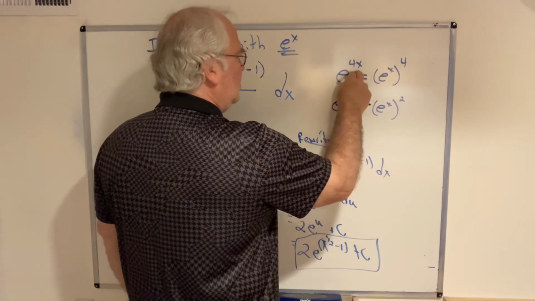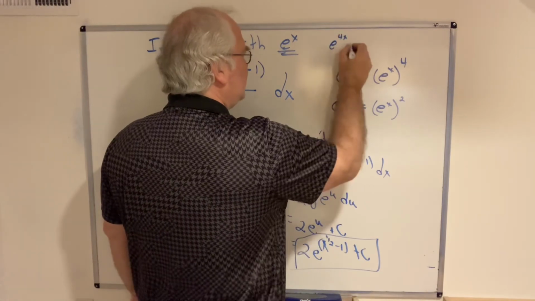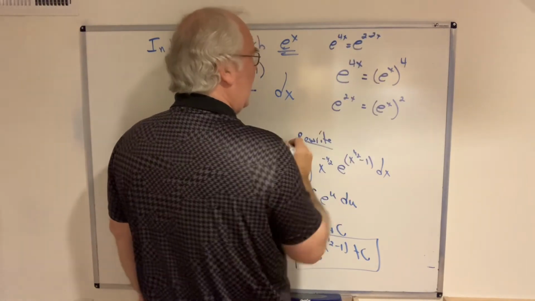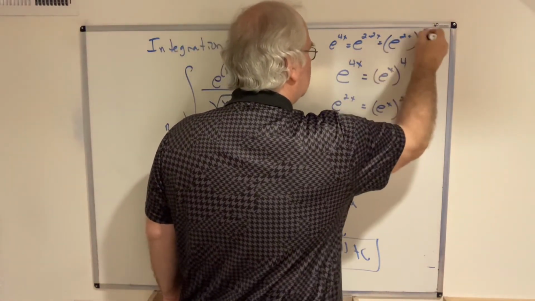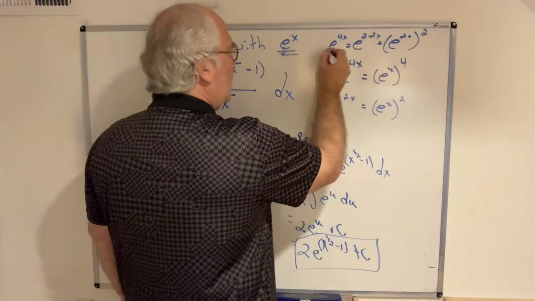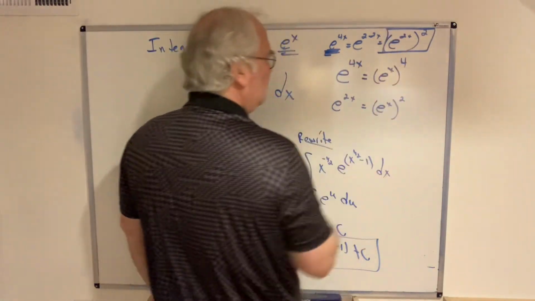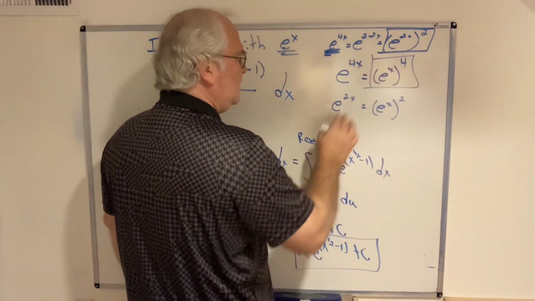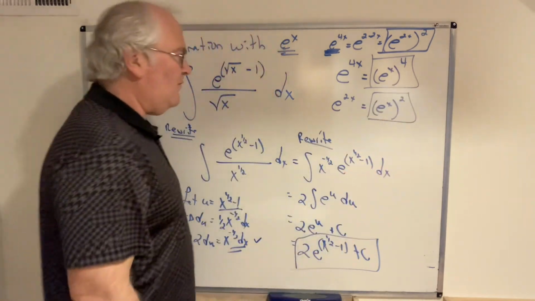And so one thing you can do here, e to the 4x, sometimes this gets used. This is e to the 2 times 2x, which means this is e to the 2x squared. So very often, e to the 4x gets rewritten in this form. Sometimes it gets rewritten in this form. E to the 2x almost always needs to be rewritten in that form.